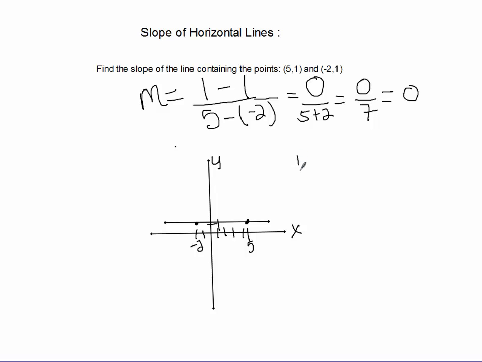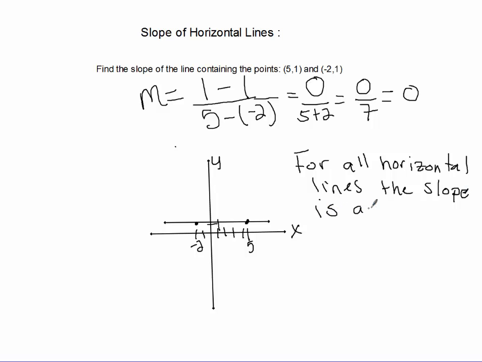And so for all horizontal lines, the slope is always 0. So all horizontal lines have slope equal to 0.